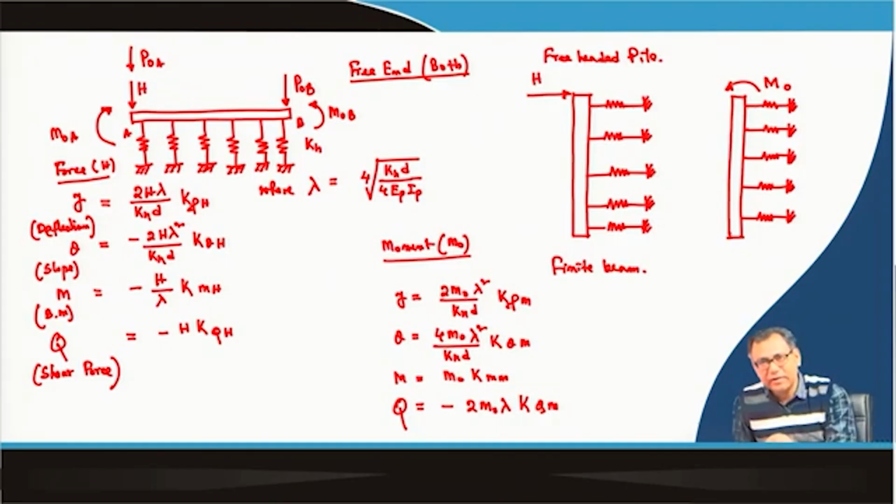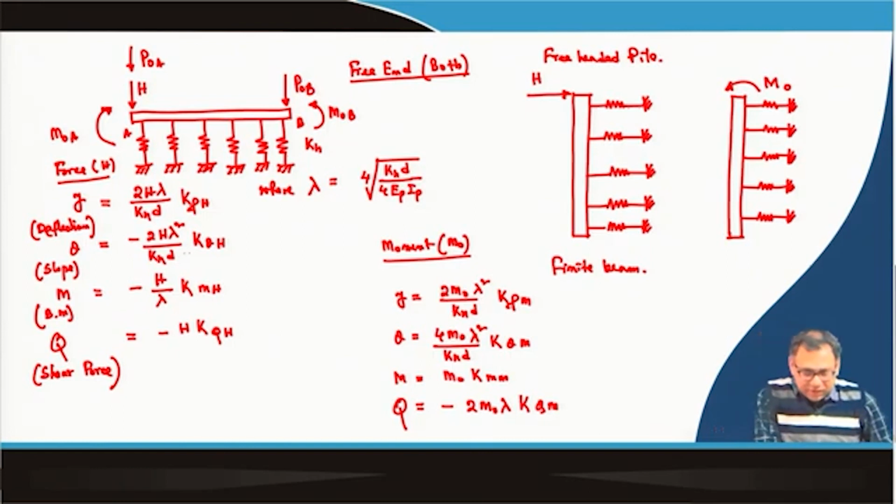Now, due to the fixity for a fixed headed pile, a moment m0 will be generated, and that will act in the opposite side of the h, and because of m0 in a free headed pile, a slope will be generated. So, initially we assume both the piles under h and m condition are free headed piles. For h on a free headed pile, there will be one slope, and for the moment applied on the free headed pile, there will be a slope theta.